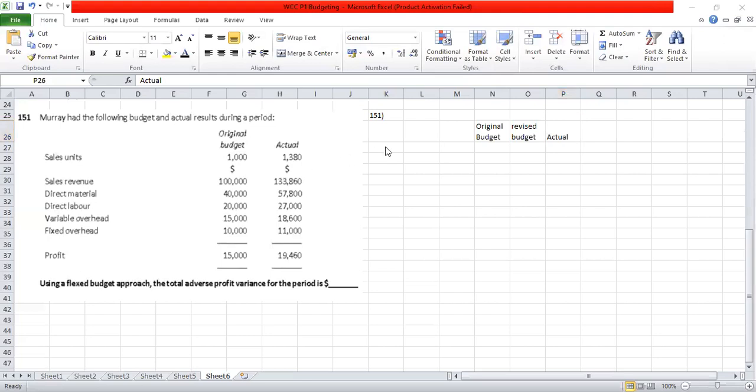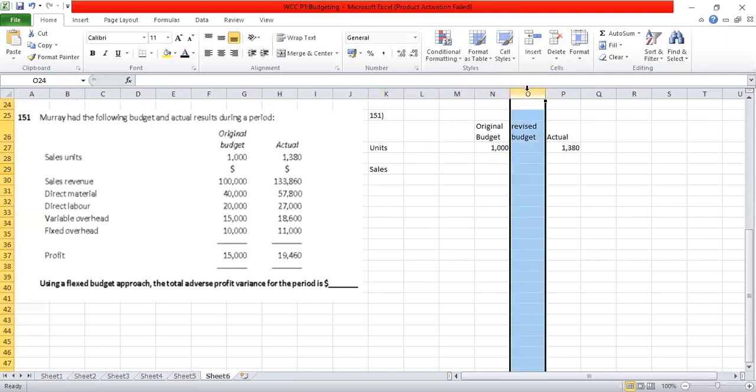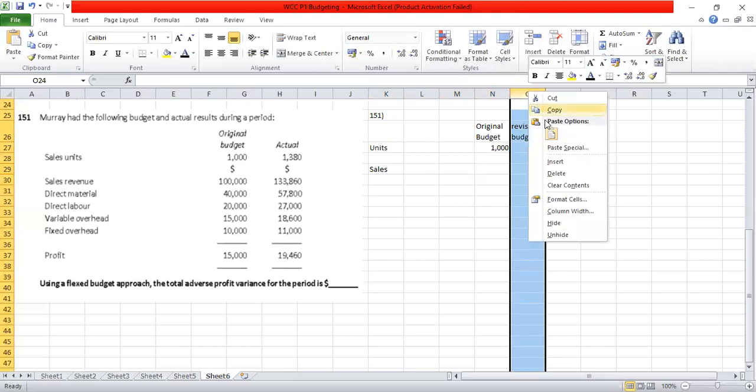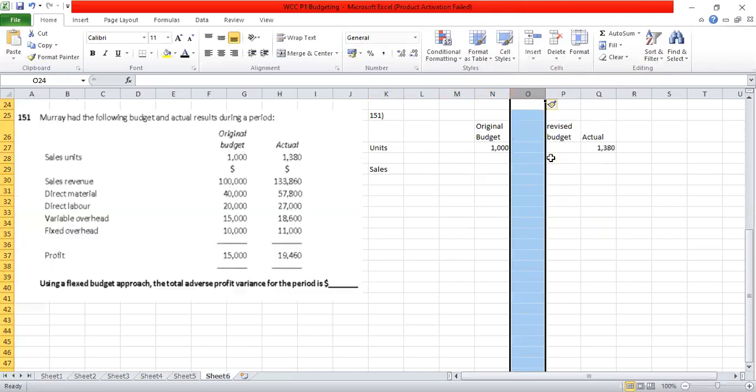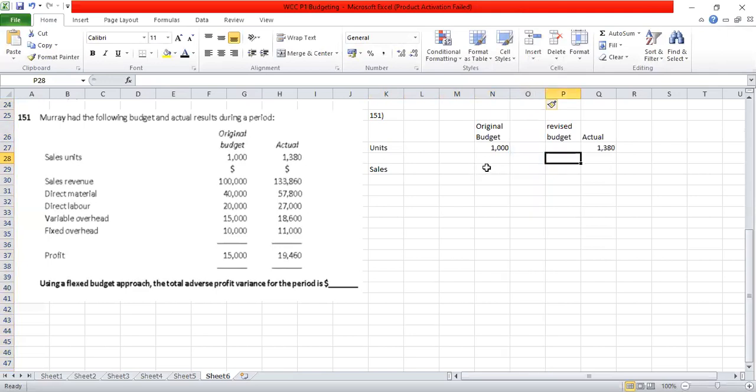Now these are the details which are given. First, let's mention the number of units. Initially they planned it for 1000. The actual happened at 1380. The point here is sales is given at, first let's focus only on the budget part of it. So it is given at 100,000.